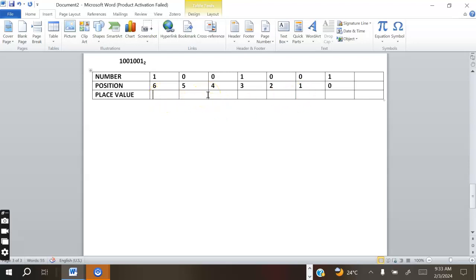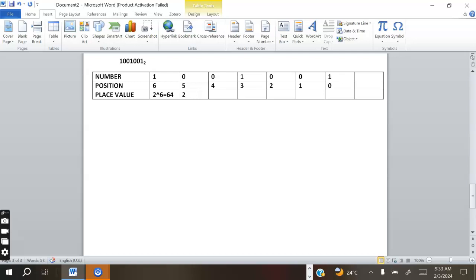Okay, then we get this one is supposed to be 2 raised to power 6, which is supposed to give us 64. I'm trying now to make the work look a little bit easy and also neat.